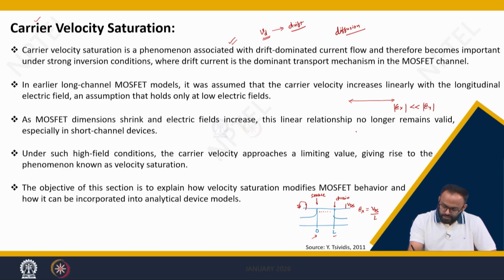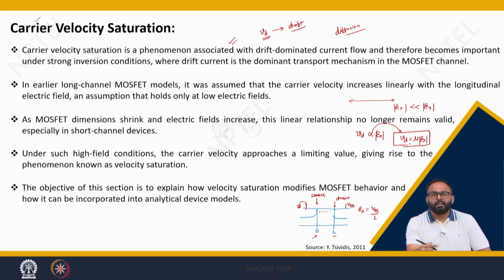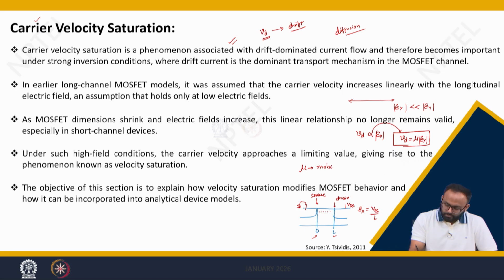In that condition, we said that drift velocity is directly proportional to Ex. To remove the proportionality constant, we defined Vd equals mu into Ex. This is the general approach we opted when deriving the IV characteristic of a MOSFET, where mu is called mobility, and in general it is represented in centimeter square per volt second.